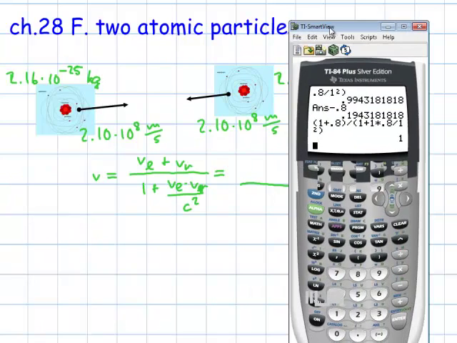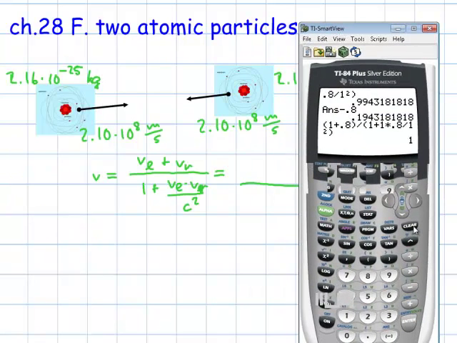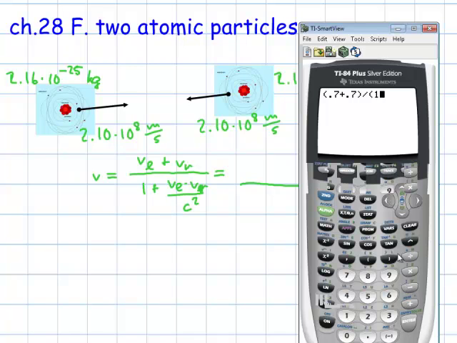I know it's in meters per second, but I mentioned earlier that this one is actually 0.7 times the speed of light, so let me just plug that in. 0.7 plus 0.7, divided by 1 plus 0.7 times 0.7.